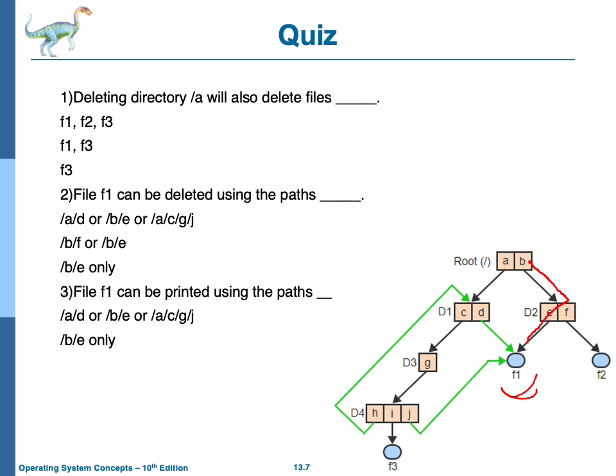But if we want to just print the file, then we can use any lead-in path to F1, including both the absolute path and the symbolic links, which are in green here. So we can use /b/e, we can use /a/d to F1, and we can also use /a/c/g/j to print the file F1.